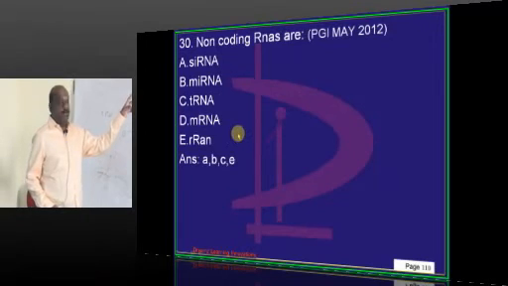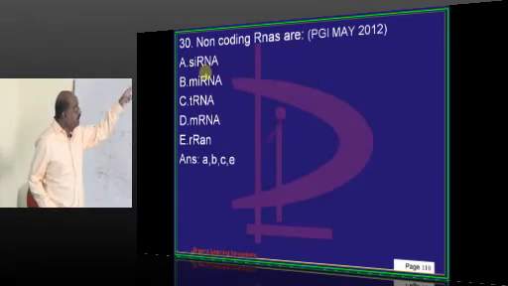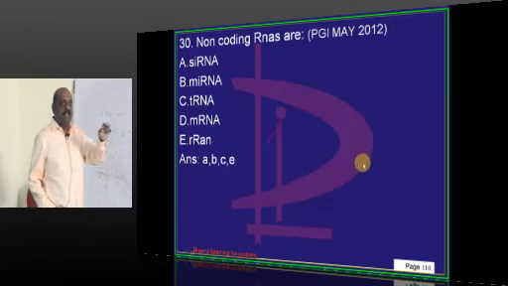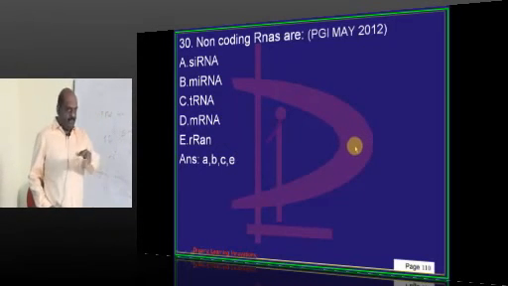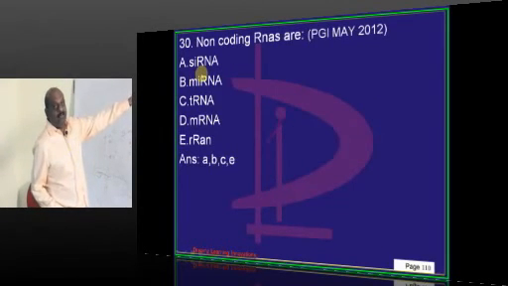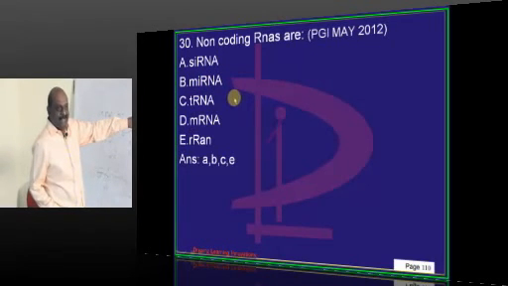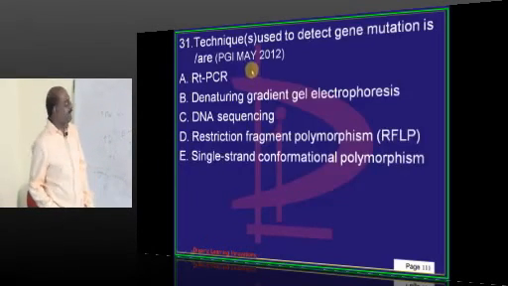But still, let me tell you, the function of each of these types of RNAs is a favorite area. I think in the recent PGI paper we have discussed different types of RNAs, if I recall remotely. Now in the actual exam, if they ask questions on siRNA, miRNA, they are asking a lot of questions in JIPMER, etc. You must know at least 1-2 functions of each of the atypical RNAs.